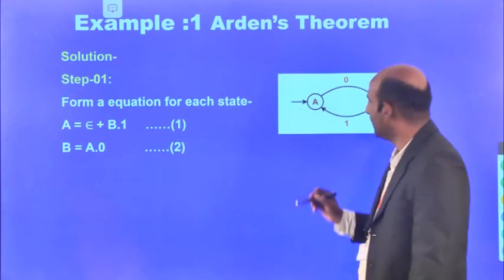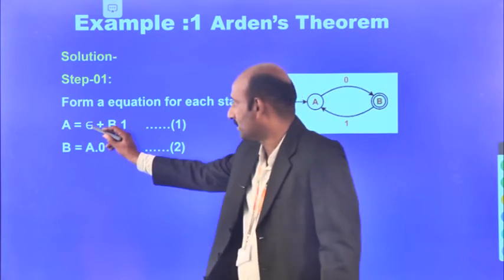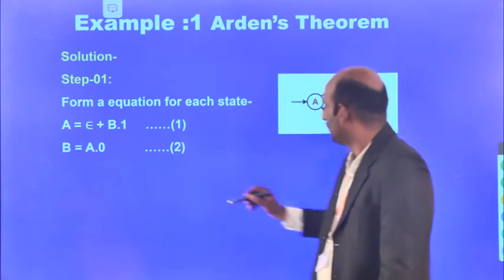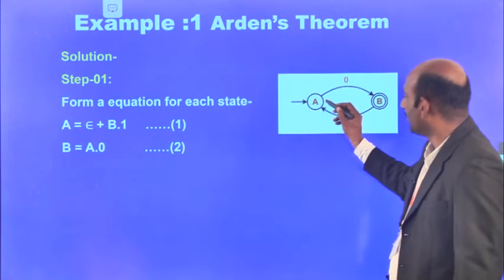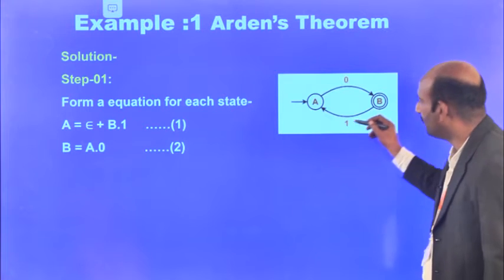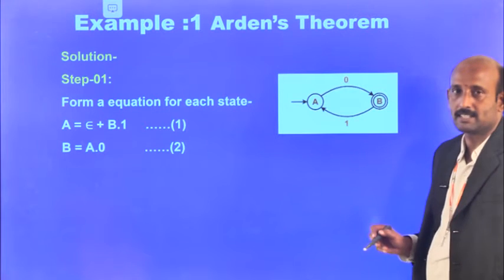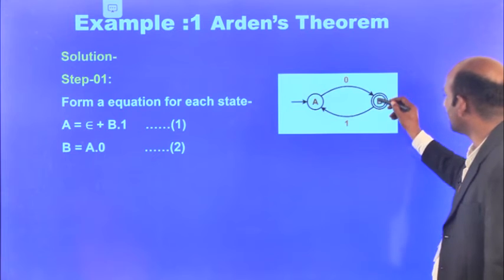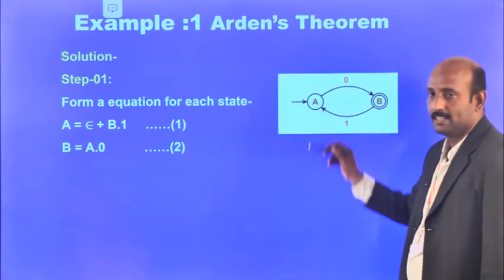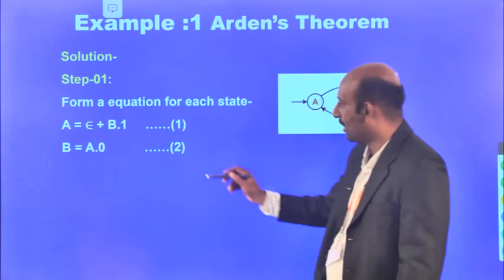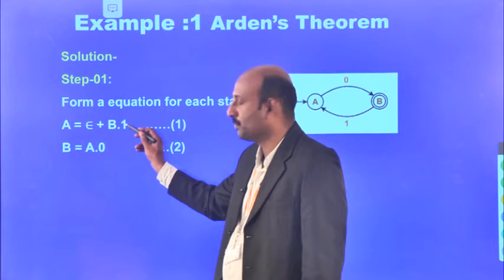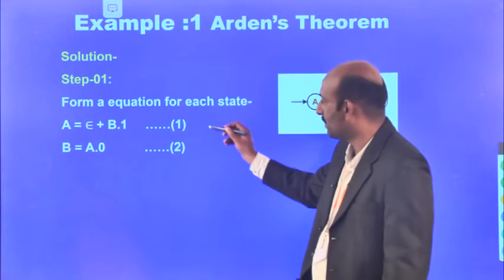So A equals epsilon plus the input transition coming from state B. From state B, on input 1, it comes back to state A. So we add B dot 1, where 1 is the input. This is equation 1.